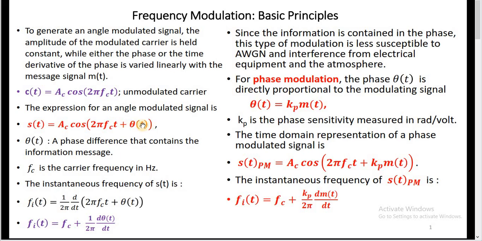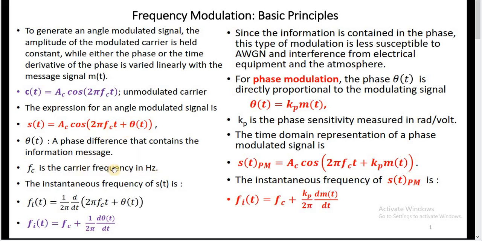This is the phase difference which we add to the unmodulated phase of the carrier c of t. Here, this added term will contain the information pertaining to our message signal. So theta of t is a phase difference that contains the information message. fc, of course, is the unmodulated carrier frequency in hertz.